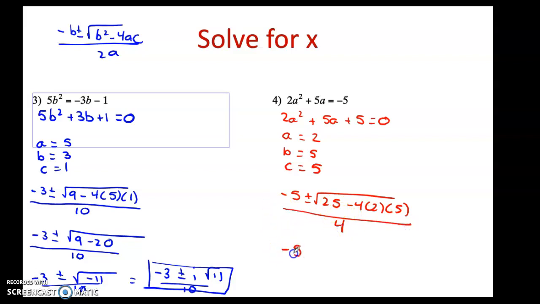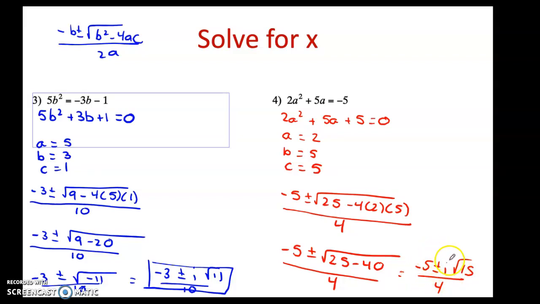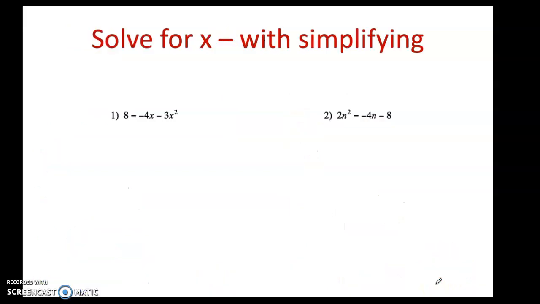So negative 5 plus or minus the square root of 25 minus 40 all over 4. And this is going to give me negative 5 plus or minus i root 15 over 4. Again, we're not able to divide all three by the same factor, so therefore that's my final answer.